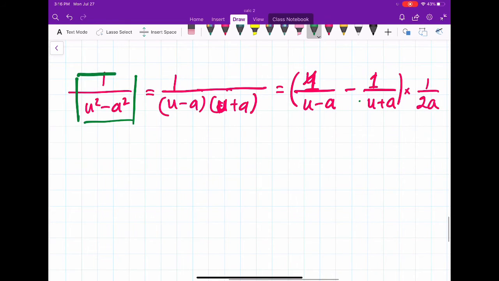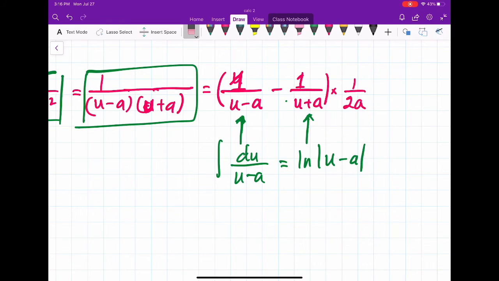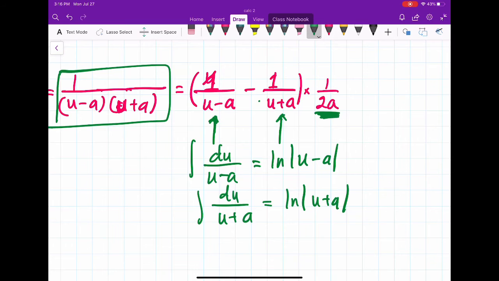And we already know how to find the antiderivative of this function. You see this? Because the antiderivative of du over u minus a is ln of absolute value of u minus a. For the other one, du over u plus a is ln of absolute value of u plus a. That's it. And don't forget that you still have 1 over 2a as a coefficient.